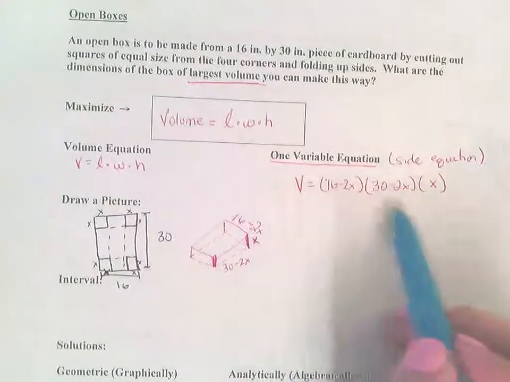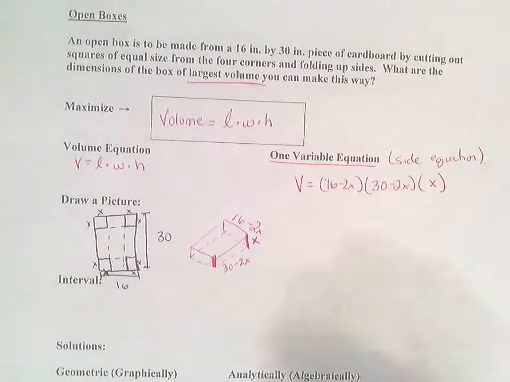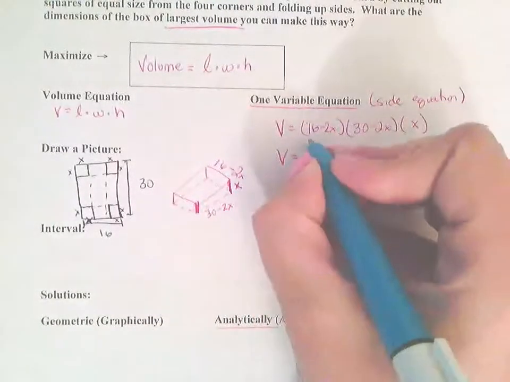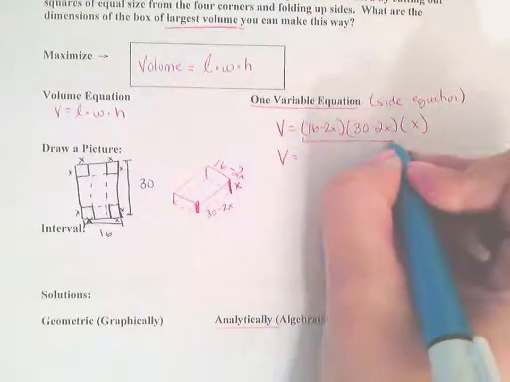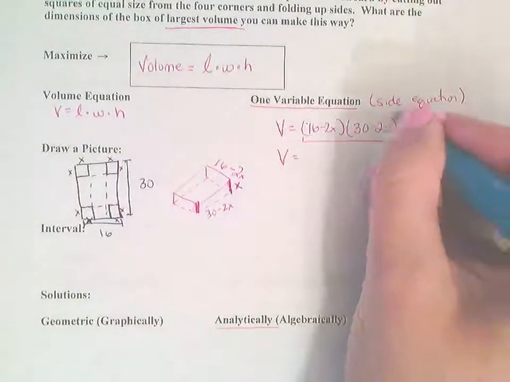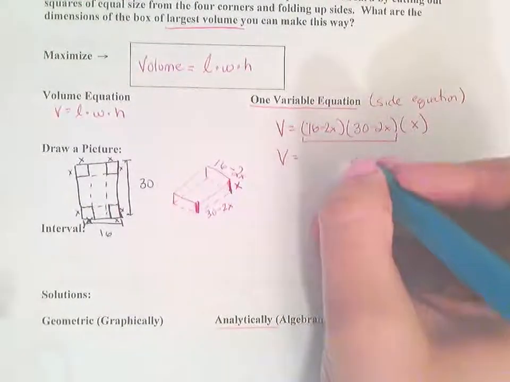So that is my one variable equation. Now before I take the derivative and solve it analytically, I want to simplify this down. So we're going to FOIL first, and then I'm going to distribute the x to everything. But I'm just not going to show that in the video.